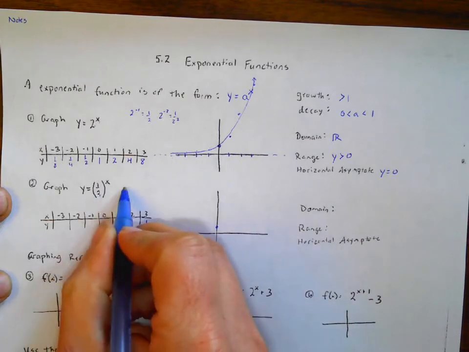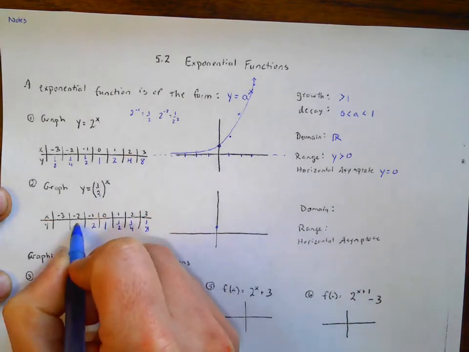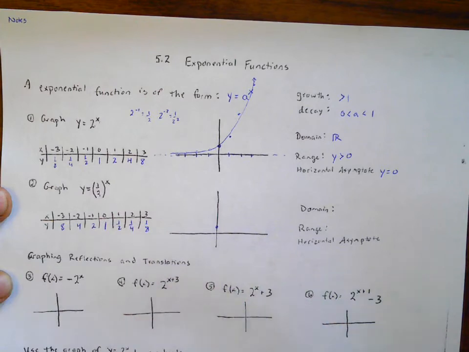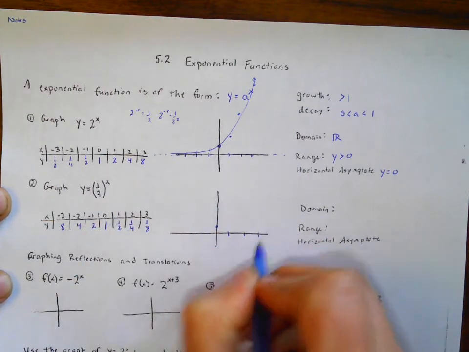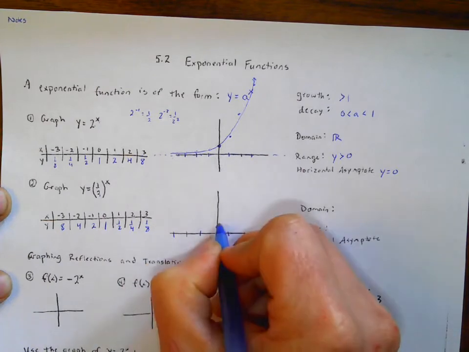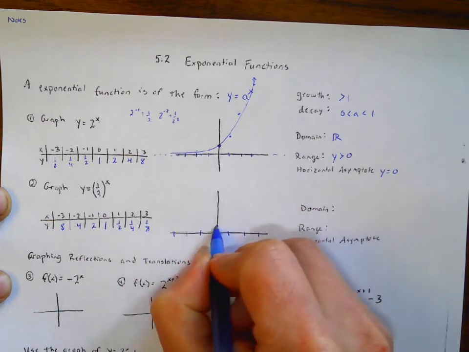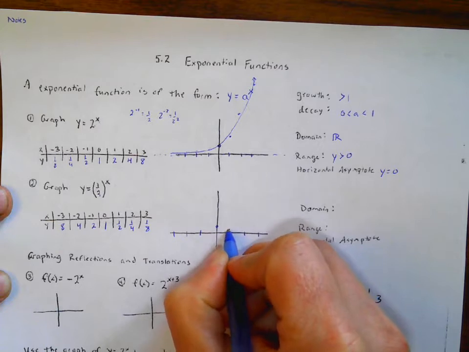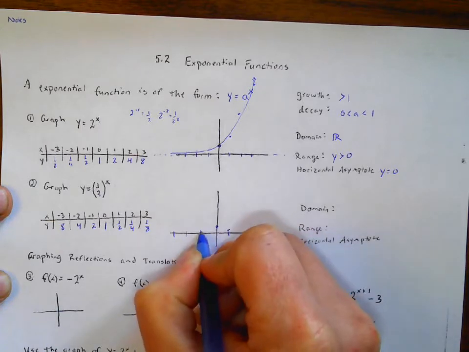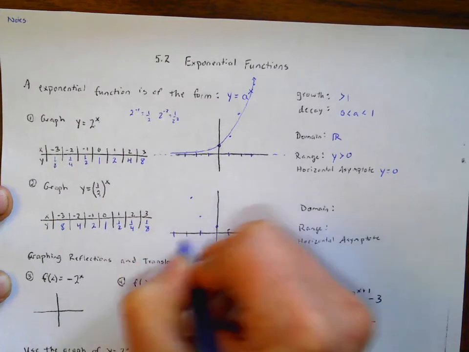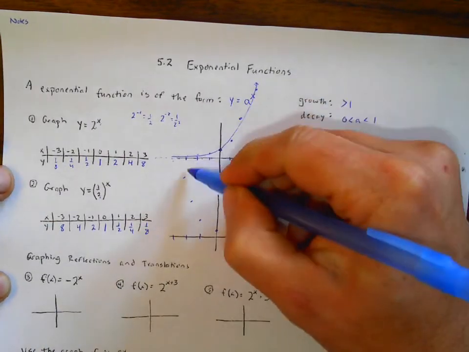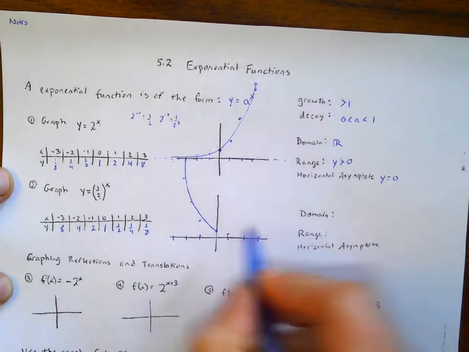A negative power switches it around, so 2, and then 4, and then 2 to the third is 8. Notice it just kind of flipped around, isn't it? So we have 0, 1, 1 and 1/2, 1/4, 1/8, negative 1 and 2, and 4 and 8. So we have a graph that goes like this.